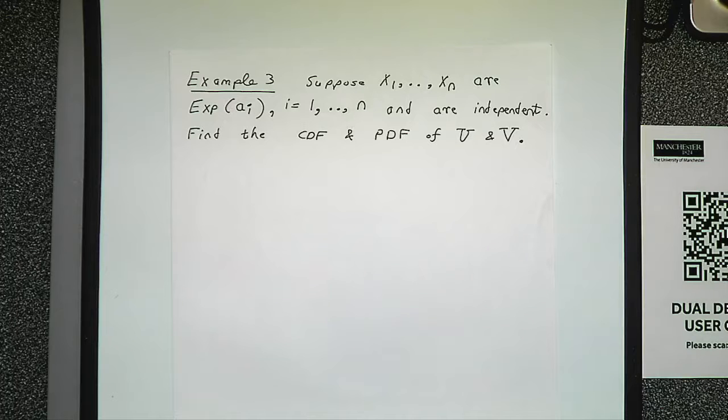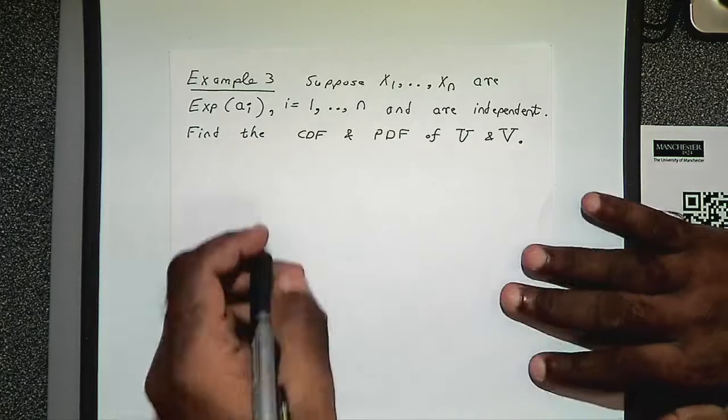Because you're assuming that x1 to xn are exponential with parameter a_i, for i from 1 to n. Okay, and the number of investments is fixed, so you have case 3, right?